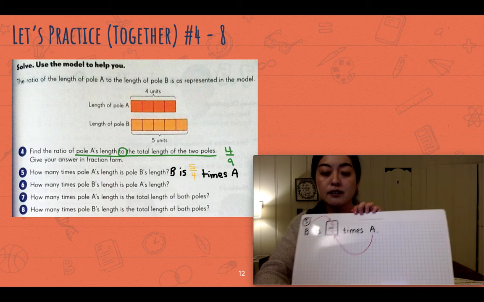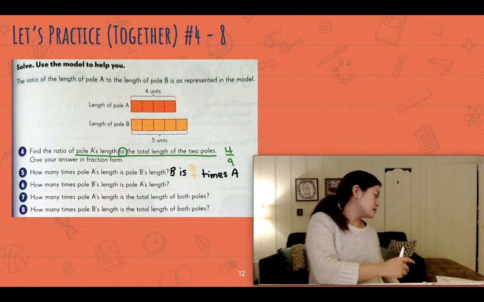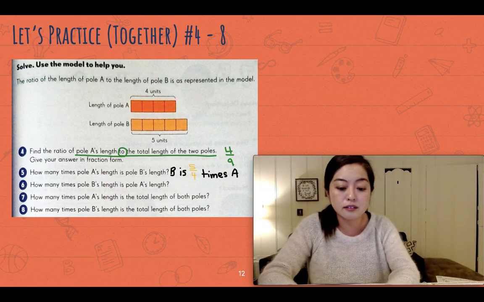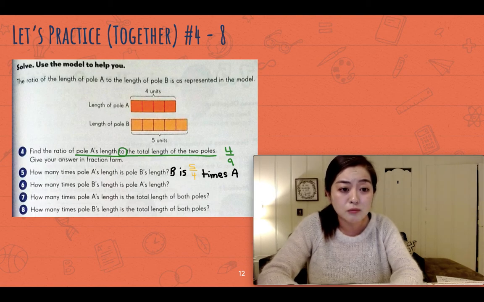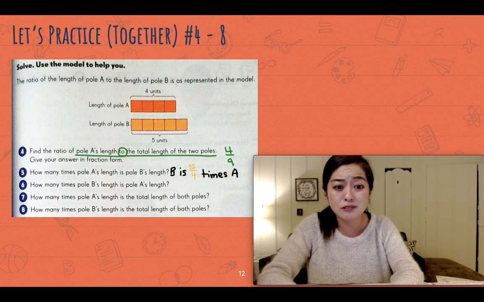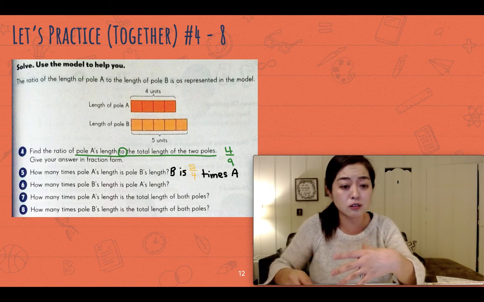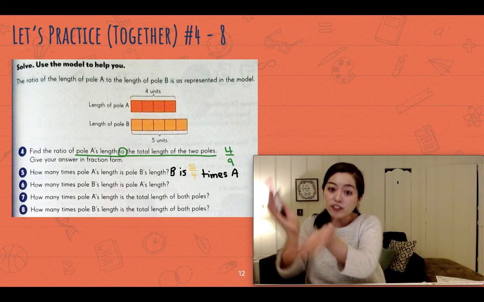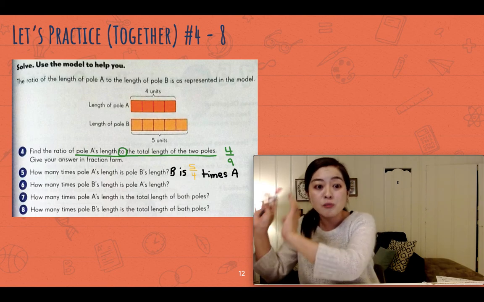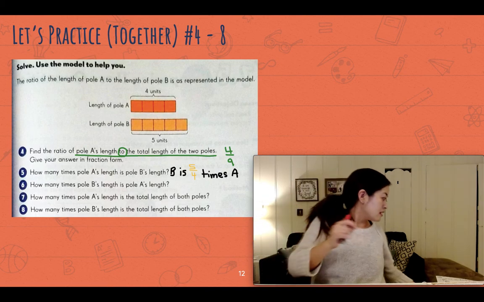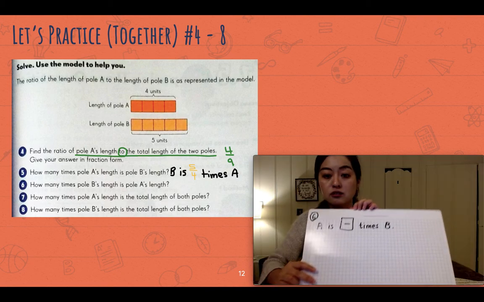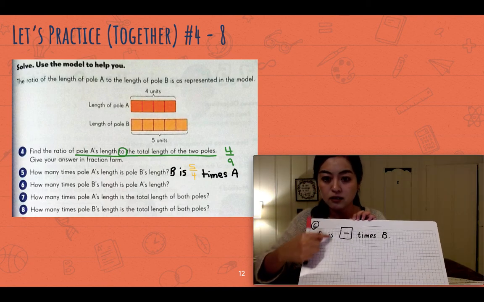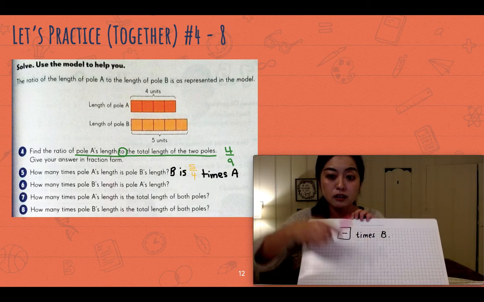All right. Next, okay, let's look at number 6. How many times pole B's length is pole A's length? So how do we start to answer our question? We'll say pole A's length is a fraction times pole B's length, okay? That's how we would answer it, right? So again, something is a fraction times something else, okay?